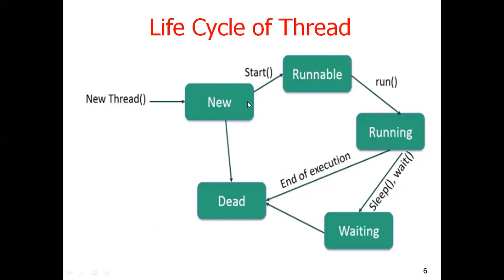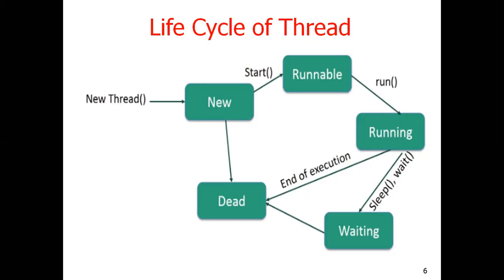It will start executing the statements which it has, and it is in the runnable state. It is not actually the running state. Say, for example, each statement is executing or compiling, you can say it is a runnable state. And once you call this run method, it will be in the running state. So the start and run methods you should remember with the thread concept.